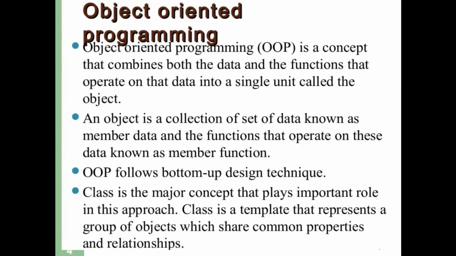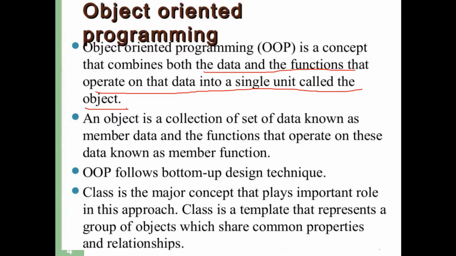Now we'll see what object-oriented programming is. Object-oriented programming is a concept that combines both data and the functions that operate on the data into a single unit called an object. Whenever we start any object-oriented programming, we need to declare the member functions as well as the member variables, and those members will be used later when the object is created.